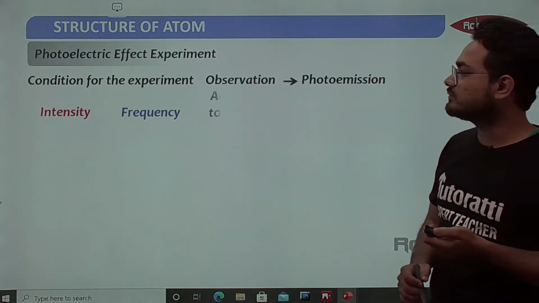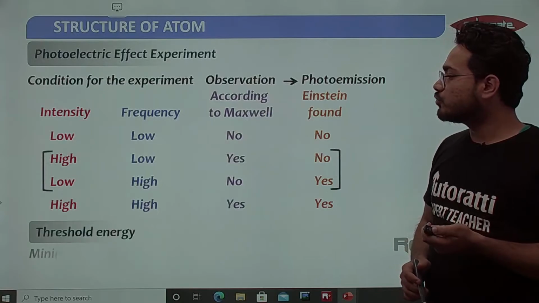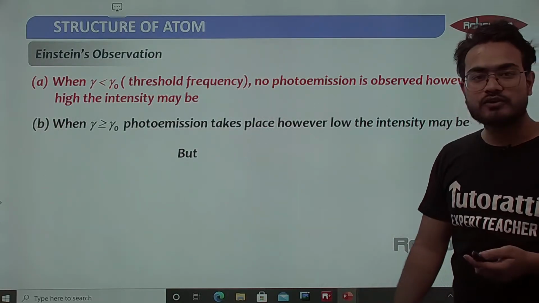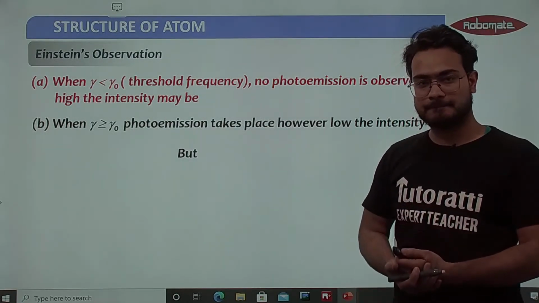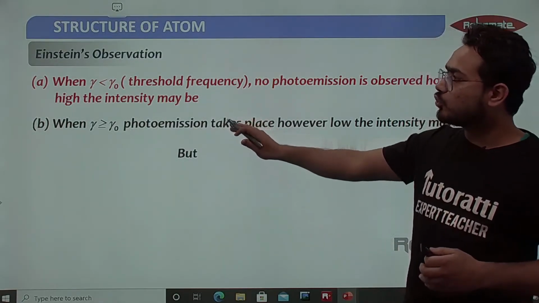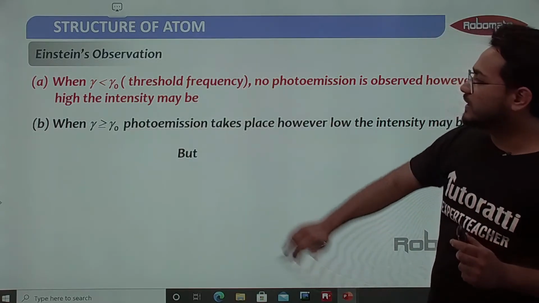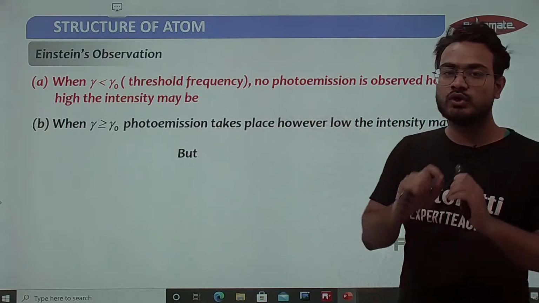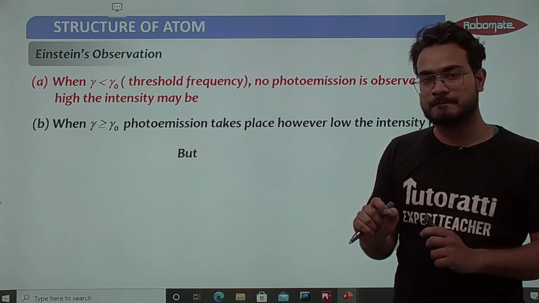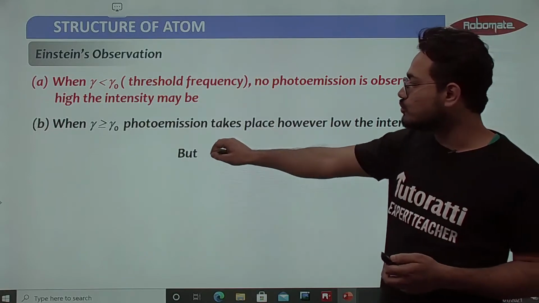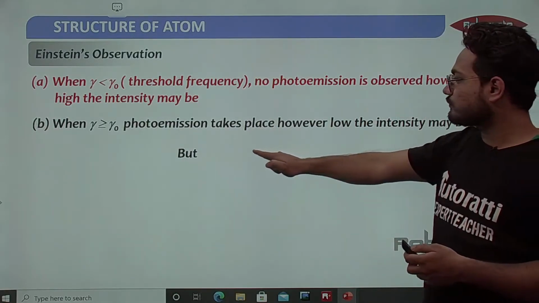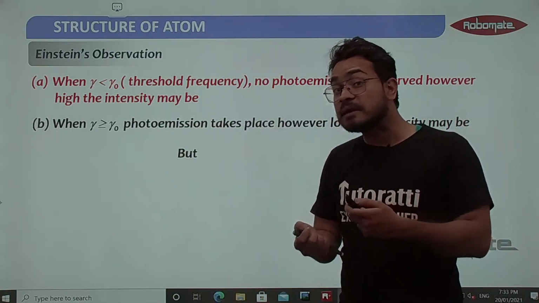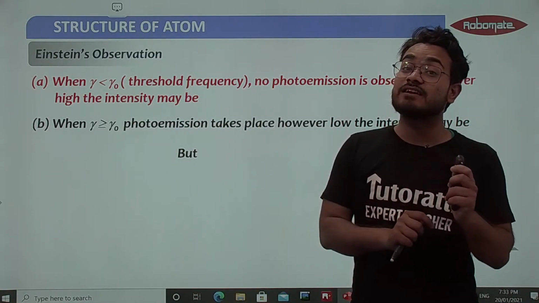Now, these were the observations of Einstein, and I have told you already the summary of it. There is a threshold frequency required below which there will be no photo emission, and there is also a frequency at which there may be emission of photon, but the intensity will be low.